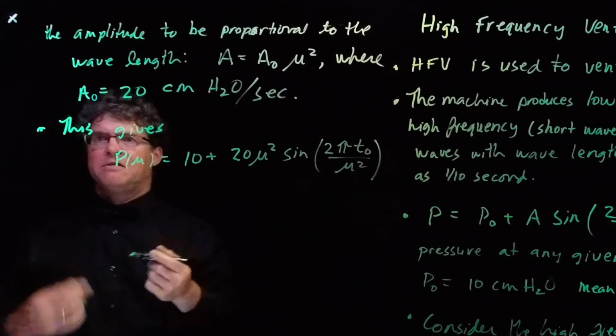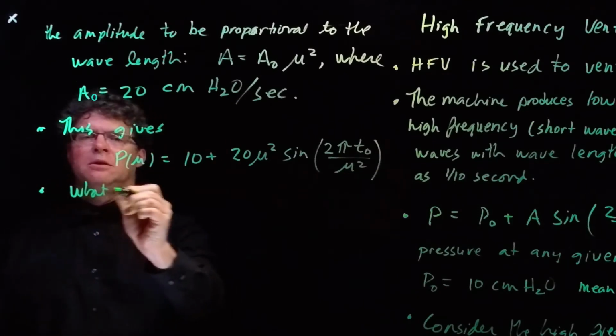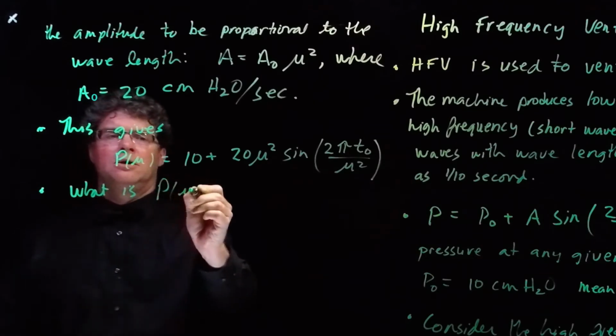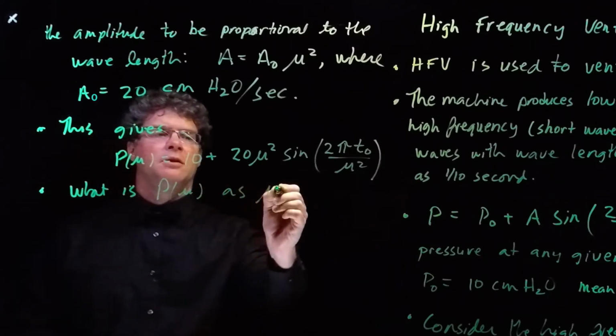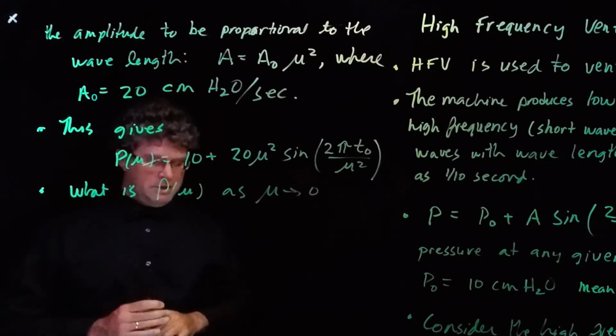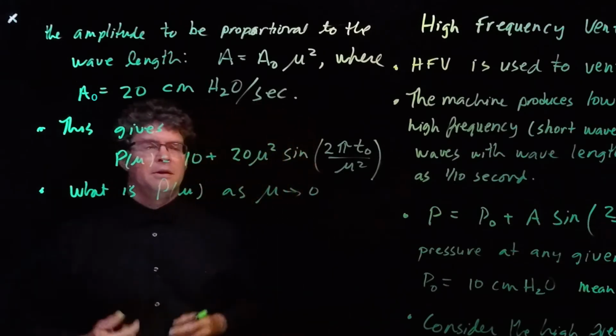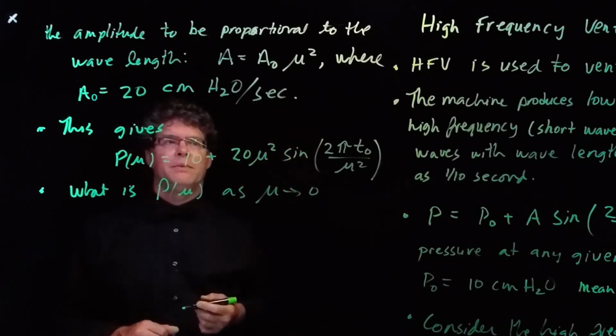And then we can ask ourselves, what is the pressure as mu goes to zero? This is the high frequency limit. To answer this question, we can use the squeeze theorem.